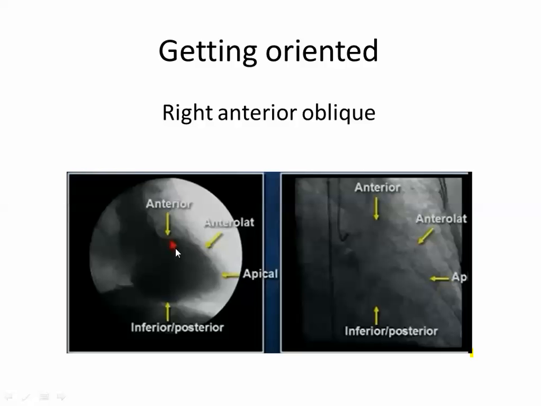That's simple. If you know the echo, it resembles the parasternal long axis. So this will be the LV, the anterior, apex and inferior, and here will be the left atrium.